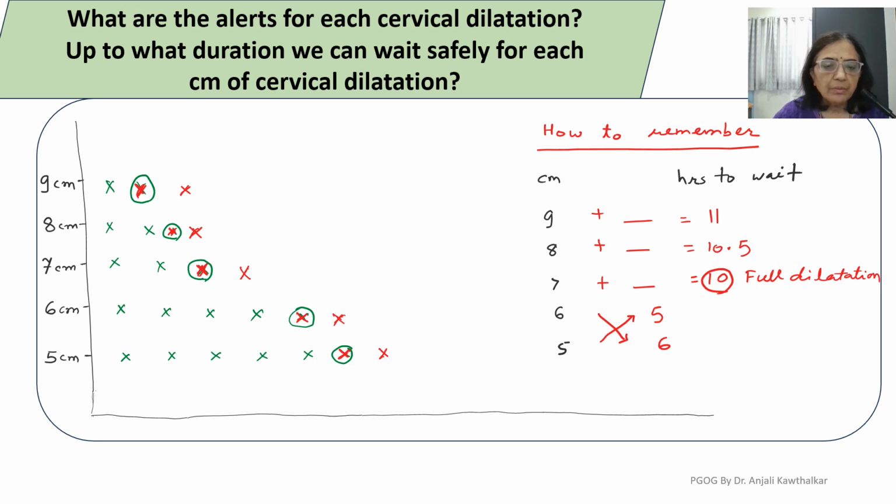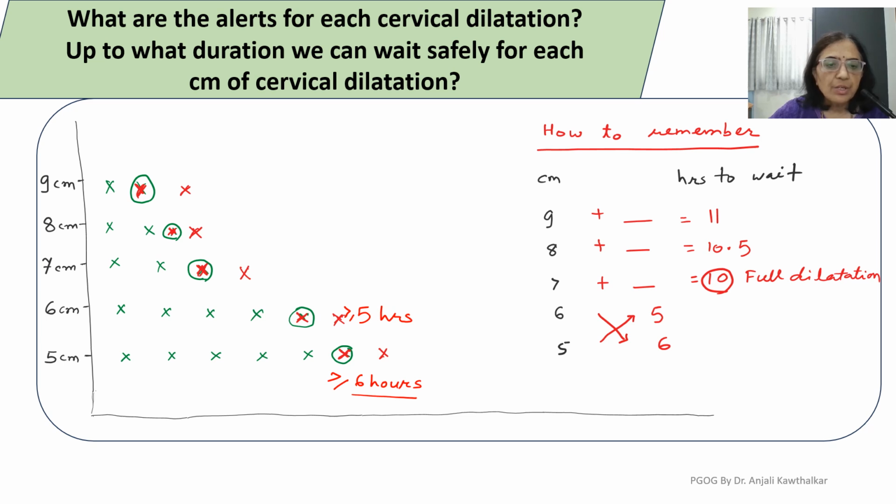Anytime the dilatation remains the same for greater than or equal to 6 hours at 5 centimeters, it is an alert. At 6 centimeters, it is 5 hours; greater than or equal to 5 hours is an alert.